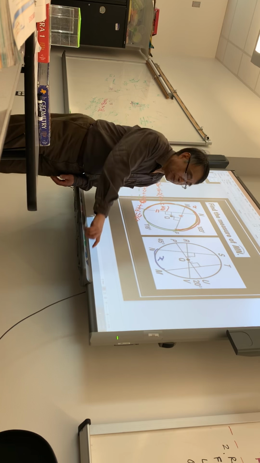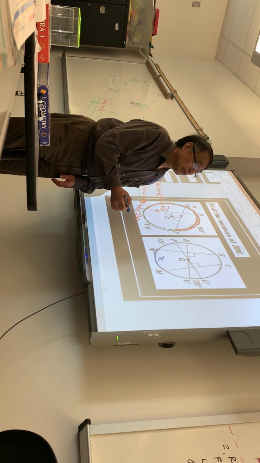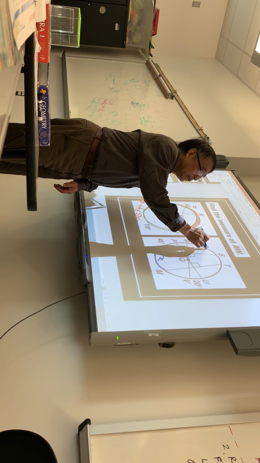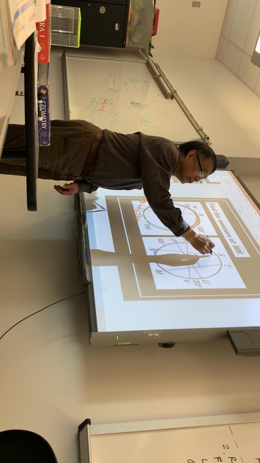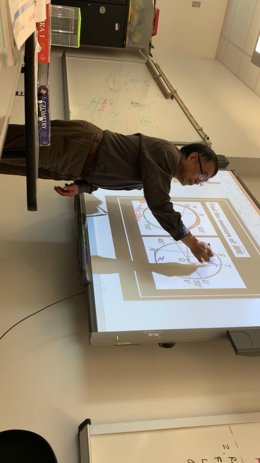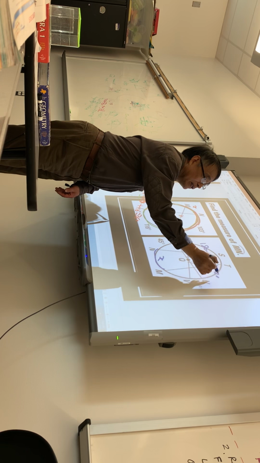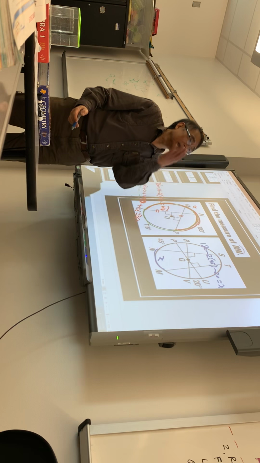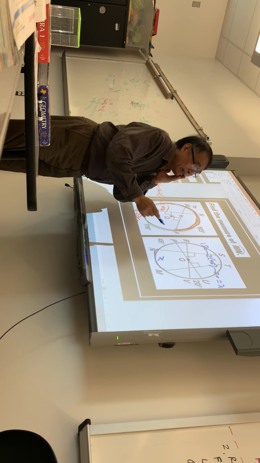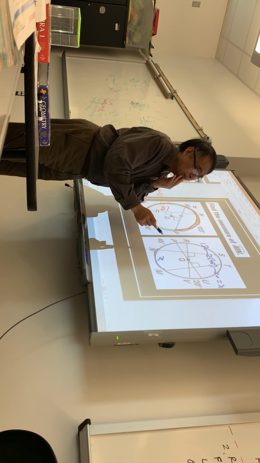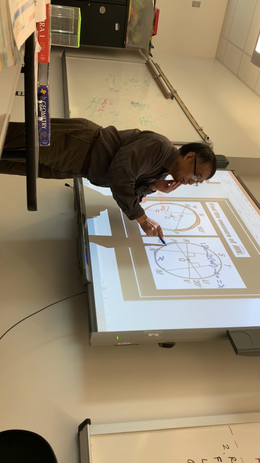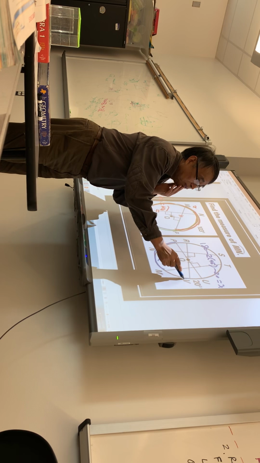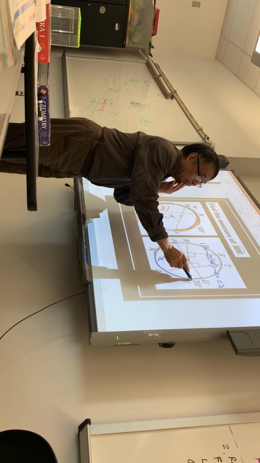Yes? 180 minus 2 times 45 minus 20 equals x. Is that correct? Okay, double check. For the 180, you use, this is 45, this is 45, this is 20.